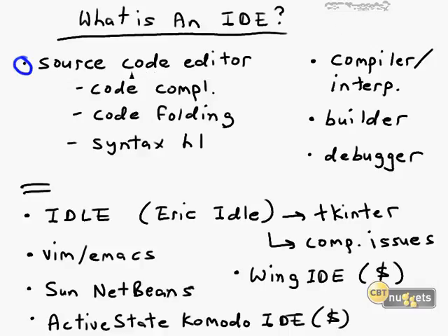Most IDEs worth their salt not only will allow you to interact with source code directly, but will also go above and beyond by making it easier than using, say, a Notepad or TextMate or Vim or Emacs, just a plain text editor. An IDE will typically give you features like code completion. So as you're typing in statements and methods and functions, you'll find that the IDE suggests things to you.